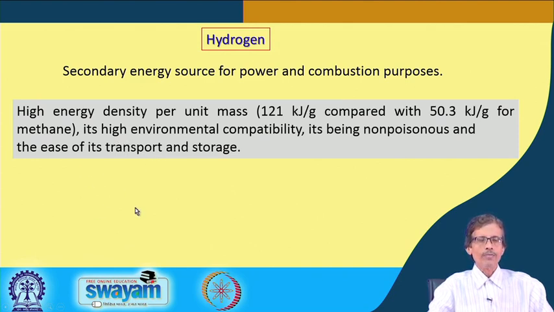So, the alternative source of energy is hydrogen, and it is available for transport and storage, because we can store hydrogen in cylinders and transport those cylinders on a regular basis. As we all know, nowadays we use fuels like LPG, the liquefied petroleum gas, as well as CNG.